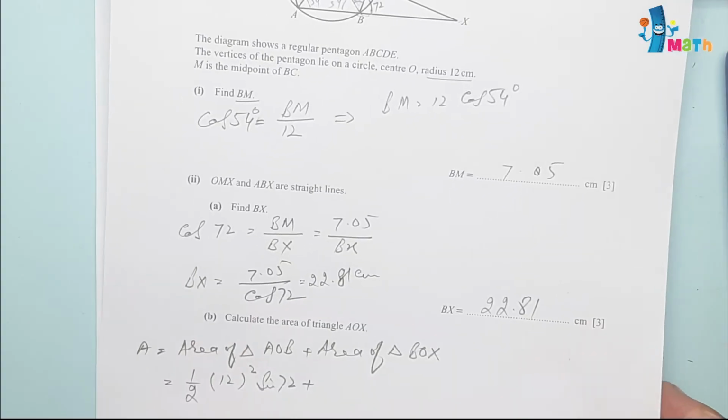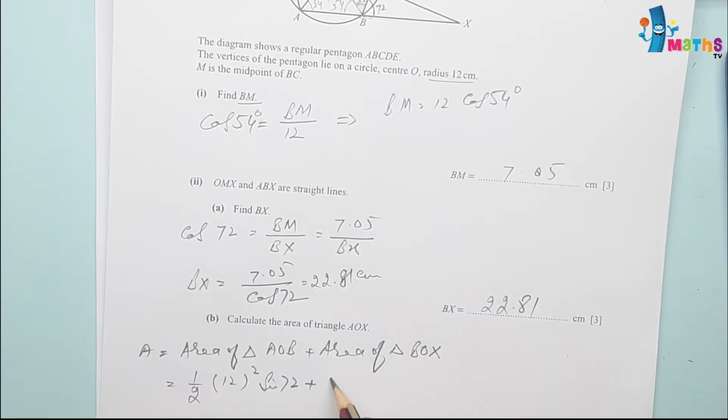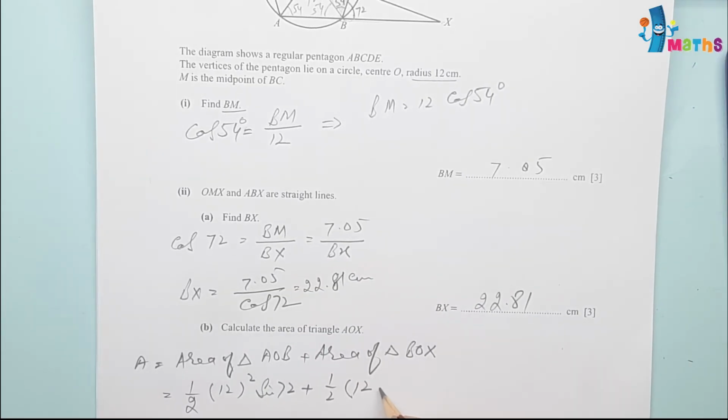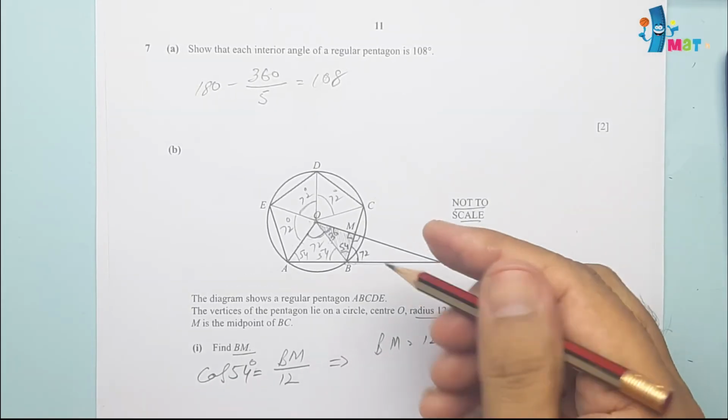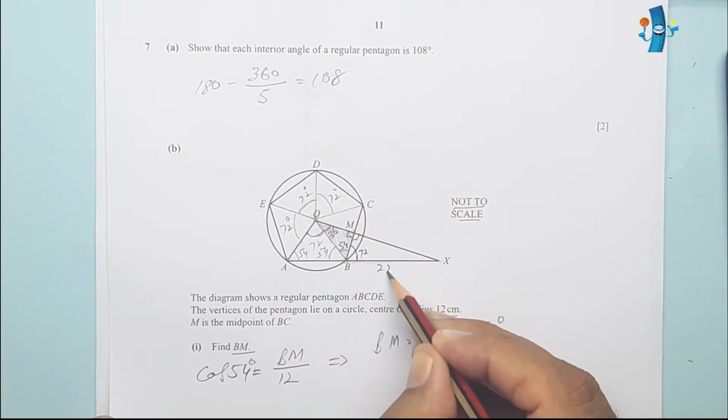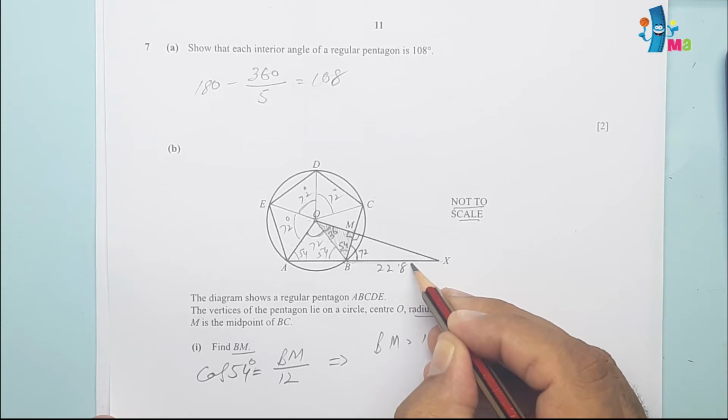Now for the other triangle we can similarly write 1 by 2 half into one side is 12 and the other side is 22.81. So one side is 12, this one, and the other side is this one, which is 22.81.